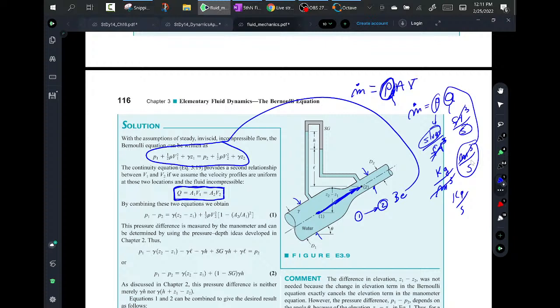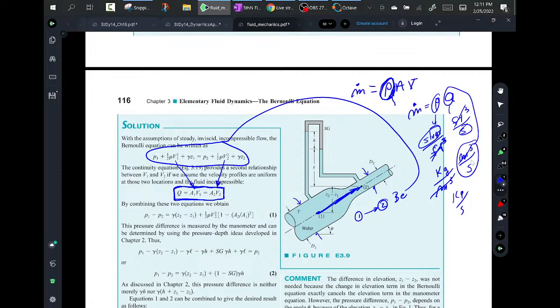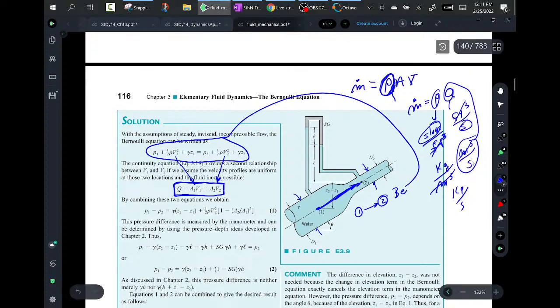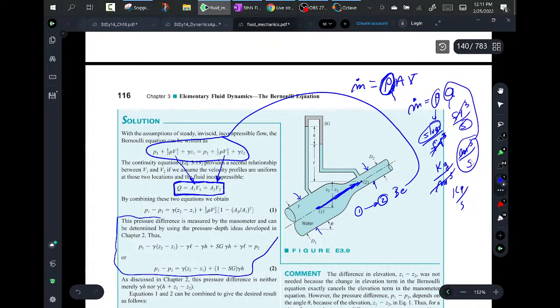Now that you've done that, basically you can replace one of the velocities with the other velocity, but that doesn't get you anywhere. You have to strap on this pressure reading device. If you don't, you can't do anything. So what you do, the next step, you need to use the manometer that you have attached to it.